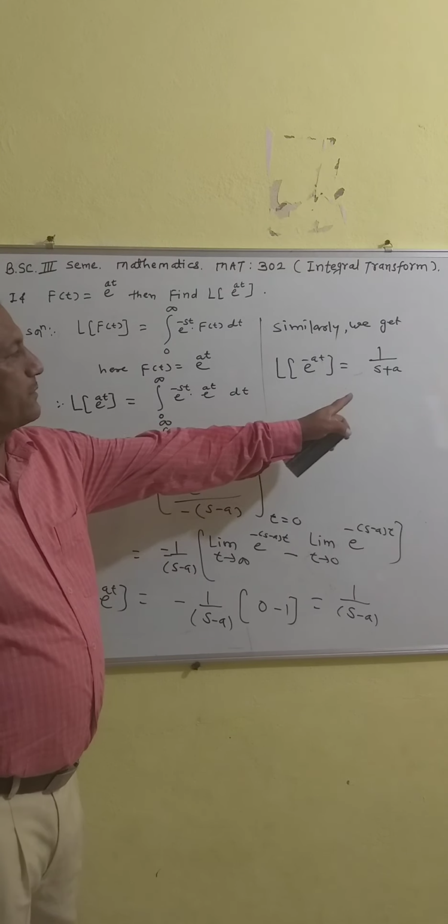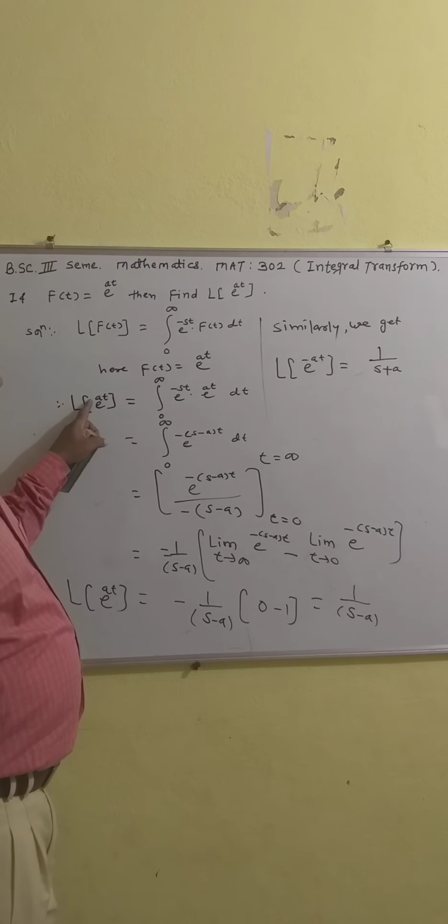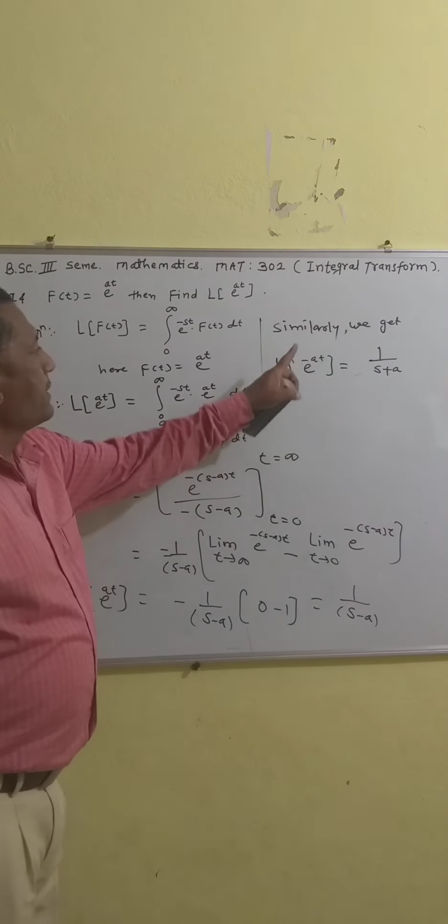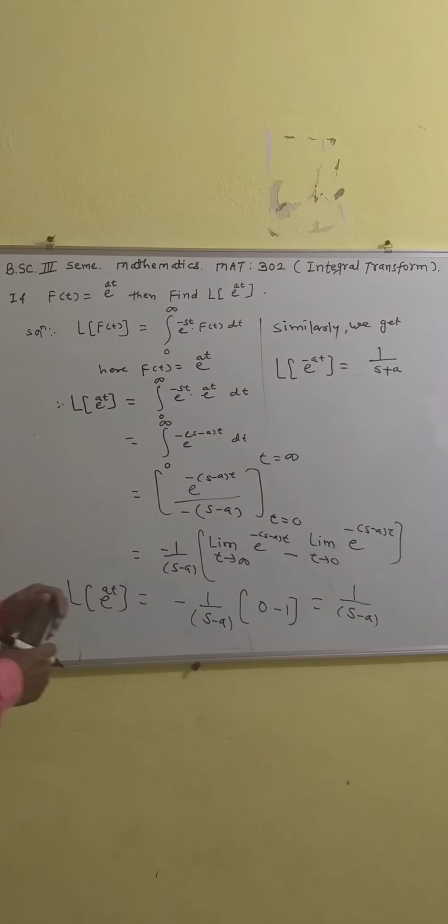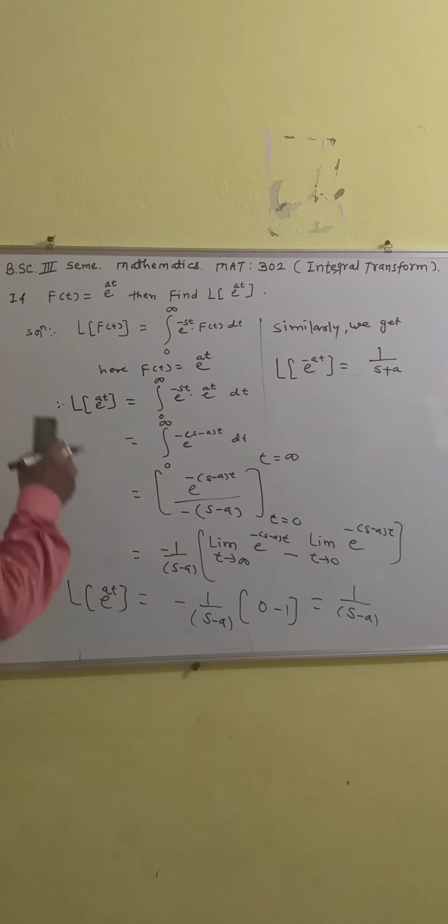So it is 1 upon s plus a. So these are two standard formulas of the Laplace transform of e raised to at and e raised to minus at.